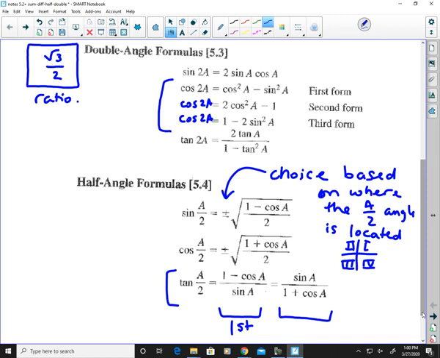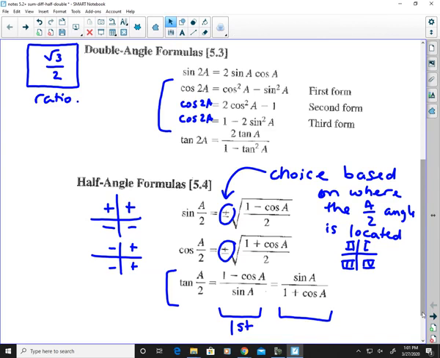For sine, if your half angle is located in quadrant 1 or 2, you're going to be positive. And for cosine, if your angle is in quadrant 1 or 4, you're going to be positive. So that is involving a choice. In this course, I will tell you where the half angle is located. You will know, but you do have to put the plus or minus in front accordingly.